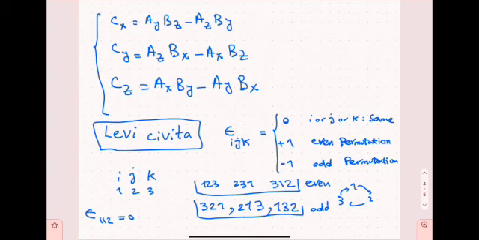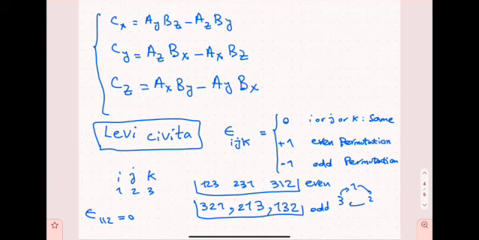Because i and j are equal. Or anything else, 2, 2, or 3, 3. Any of these indices that are similar, then the epsilon is automatically 0. And about the permutations, you can write this little diagram here, 1, 2, 3, and if it goes one way, it is an even permutation, it is 1, and if it's the other way around, it is -1.